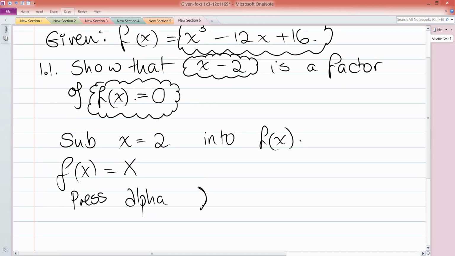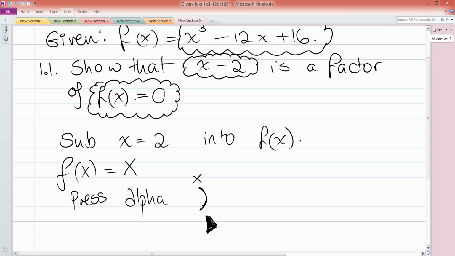Above the curly bracket, you'll see the x. Have you done it, love? Yes, ma'am. Then raise it to the power of 3. Then press the replay button or the arrow button so that you come out of the exponent. And then punch in minus 12x plus 16.